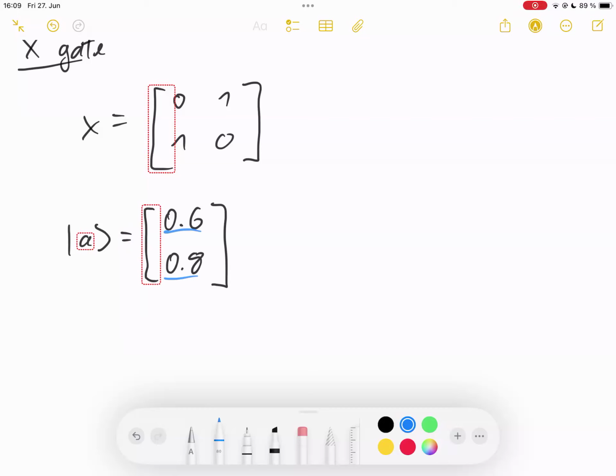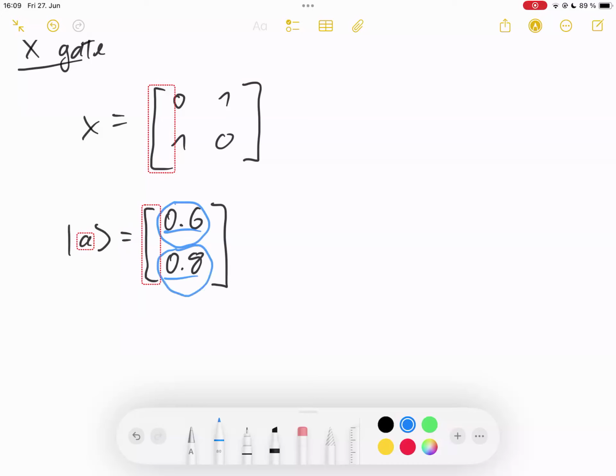And |a⟩ is a valid qubit because, remember our constraint, we would take the absolute value or the modulus of this and square it plus the modulus of this and square it.